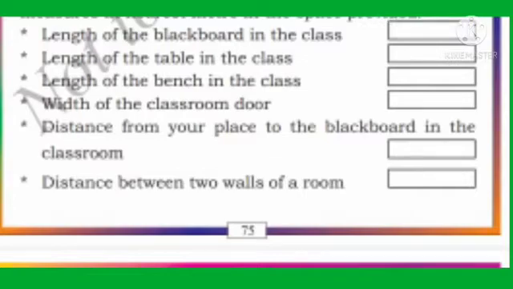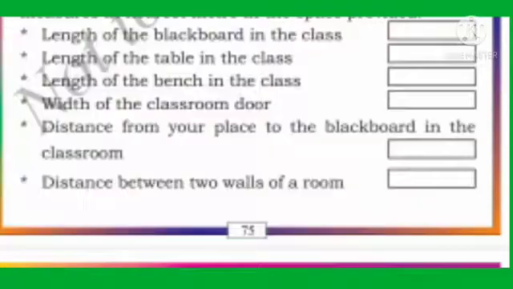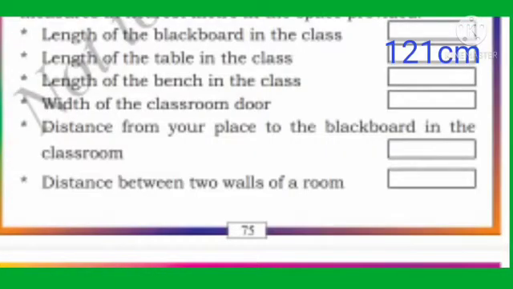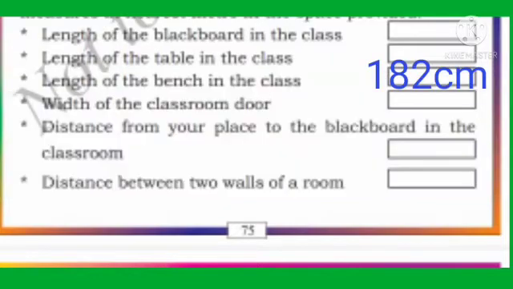Length of the table in the class: 121 centimeter. Length of the bench in the class: 182 centimeter. Width of the classroom door is 73 centimeter.